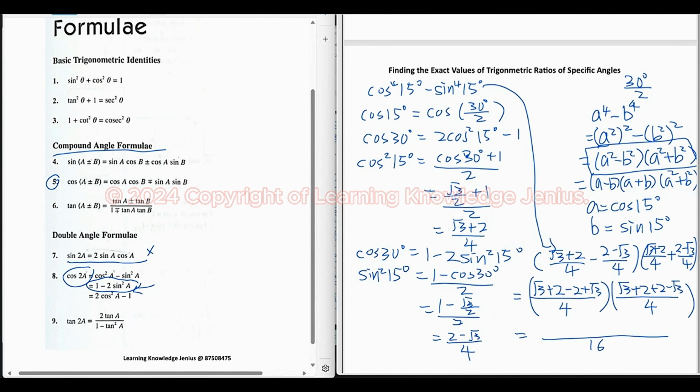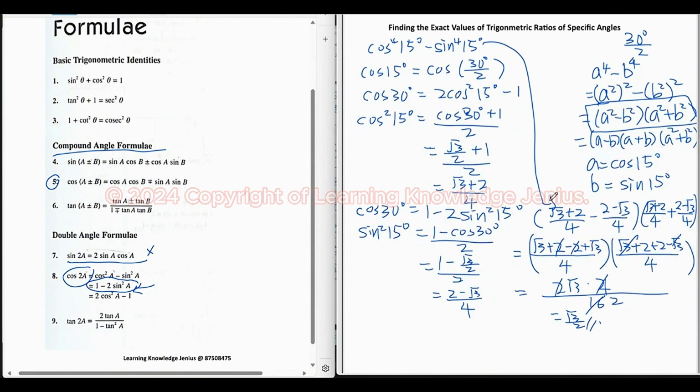As for the numerator, this one cancels, so you are left with 2 square root 3. For the second term here, the square root 3 cancels, so it's multiplied by 4 here. After simplification, your answer is square root 3 over 2. This is how you can solve this question.